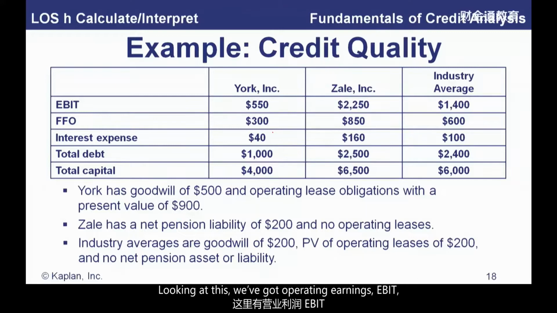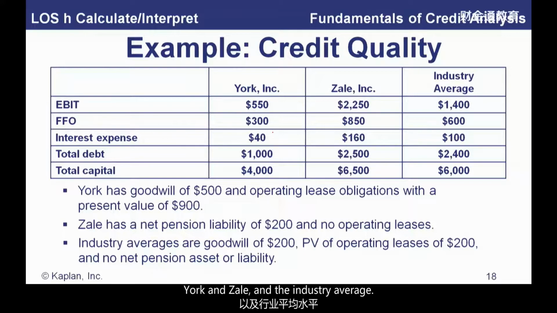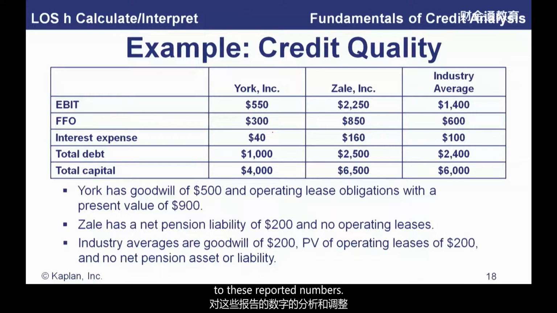So in looking at this, we've got the operating earnings, EBIT, funds from operations, interest expense, total debt, and total capital for two companies, York and Zale, and the industry average. And then we have some notes to this. We're going to focus here a little bit on analyst adjustments to these reported numbers.